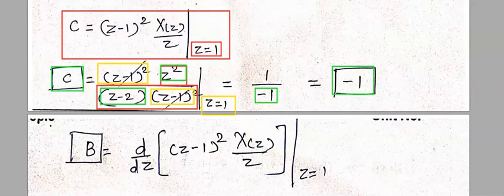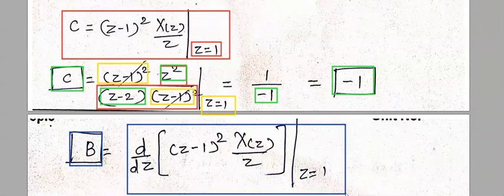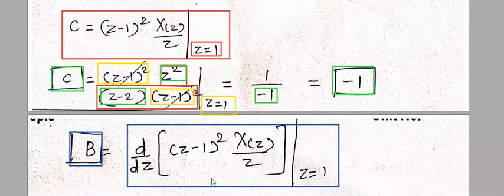Now get further the value of b. Since it is the repeated pole case, for the repeated pole case we need to go for this kind of statement, that is d by dz of z minus 1 square into x of z by z. Already we got z square divided by z minus 2.